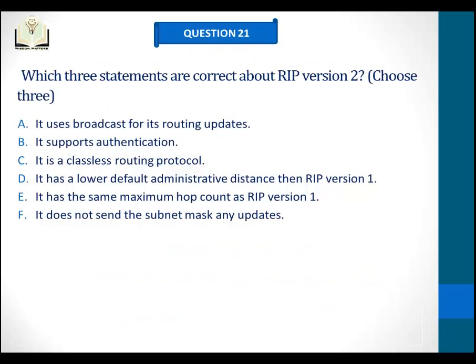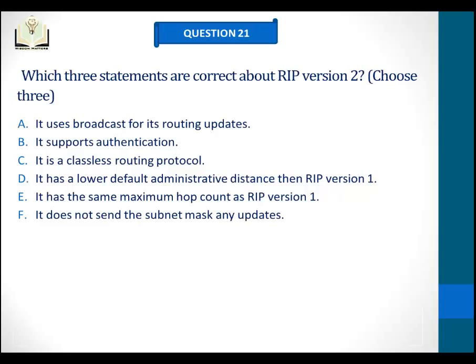Question number 21. Which three statements are correct about RIP version 2? Choose 3. A, it uses broadcast for its routing updates. B, it supports authentication. C, it is a classless routing protocol. D, it has a lower default administrative distance than RIP version 1.